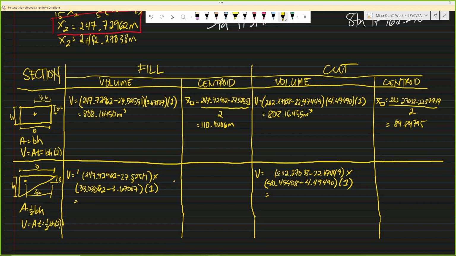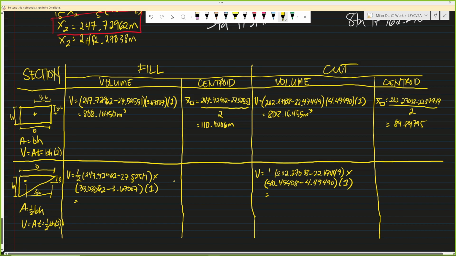May 1/2 dapat dito. And dito rin may 1/2 kasi triangle.